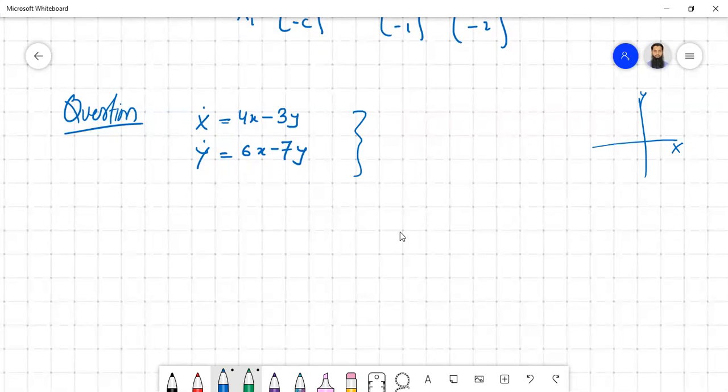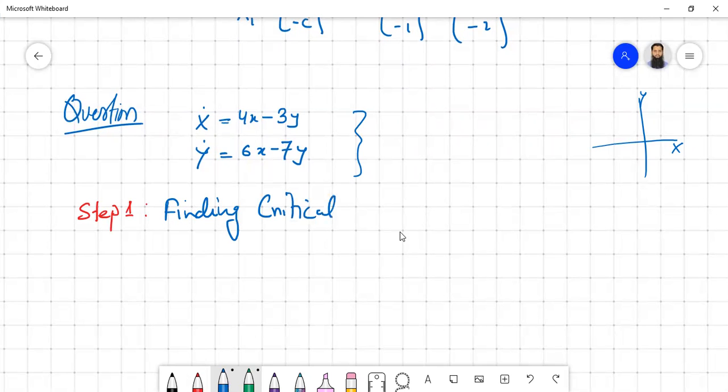Step one is finding the critical or equilibrium points. Sometimes it is called critical, sometimes equilibrium, or also singular. I think in the last class we said singular point or equilibrium point.